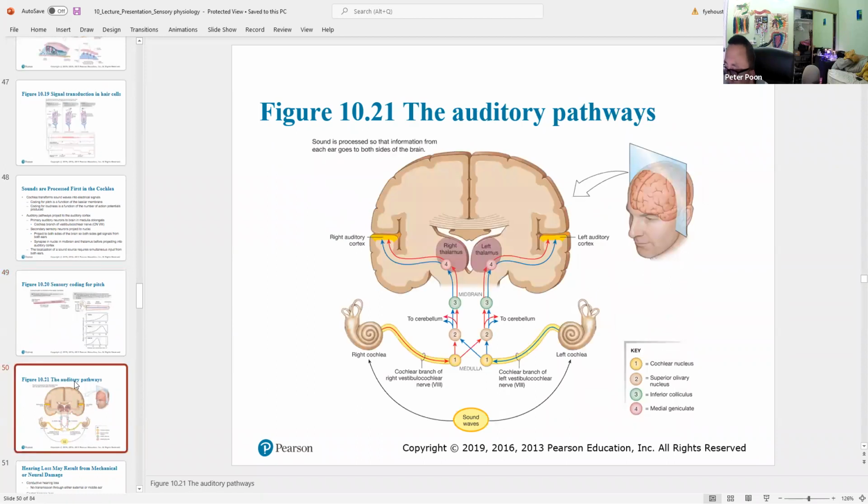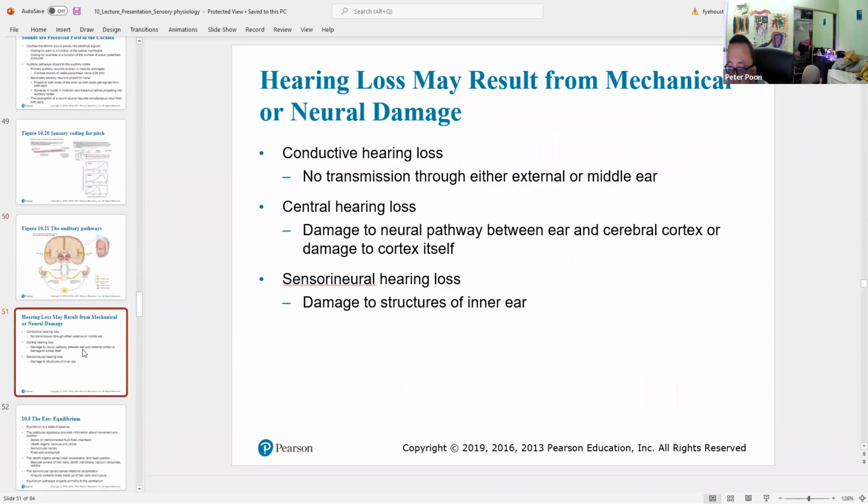Coding pathways. There are two types of hearing loss that you have to be aware of: conductive hearing loss and sensory neural loss. Conductive hearing loss is loss of transmission.